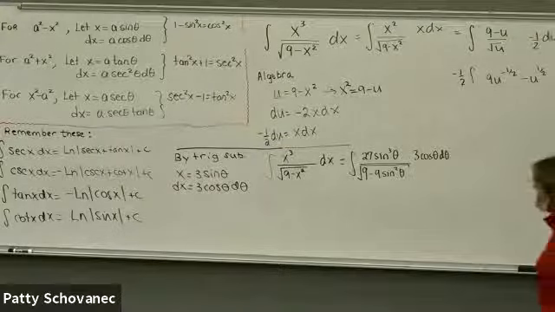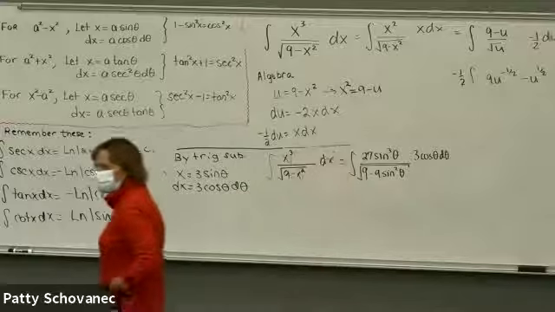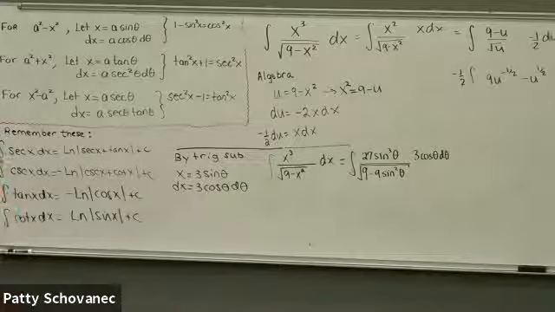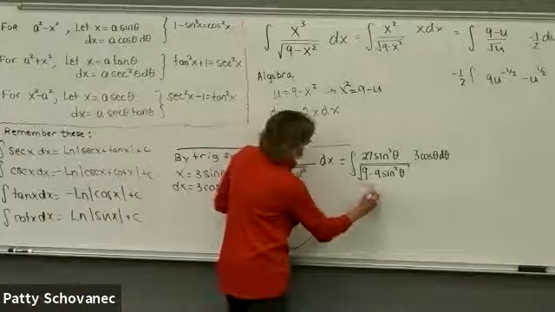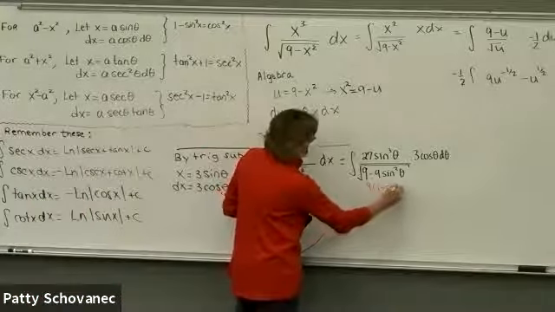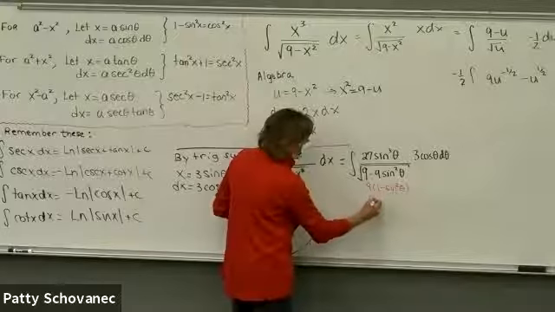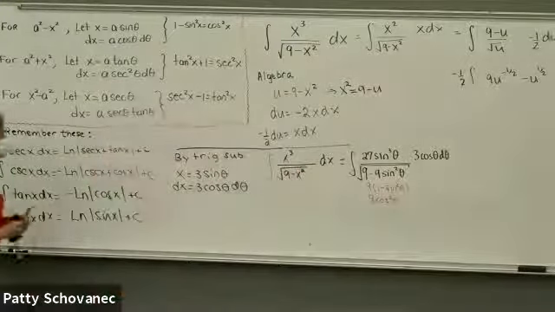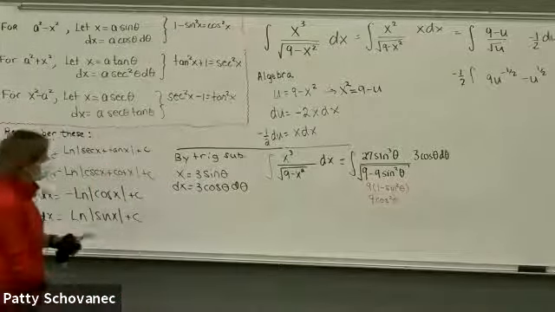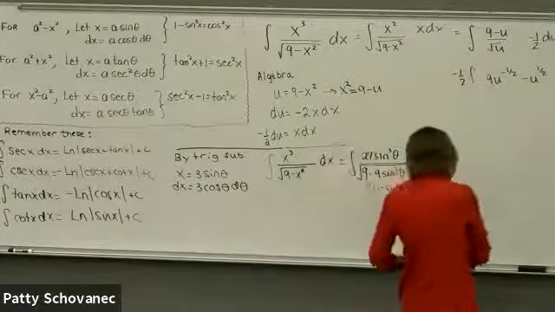Nine minus 9 sine squared theta becomes 9 times 1 minus sine squared theta. And 1 minus sine squared is cosine squared. And so the square root of 9 cosine squared theta will give me a 3 cosine out there.